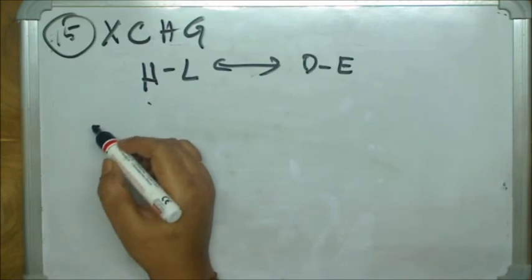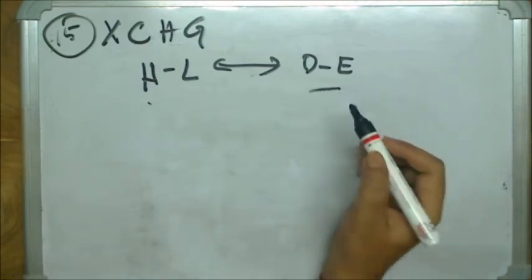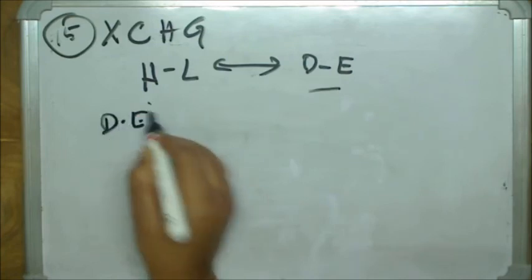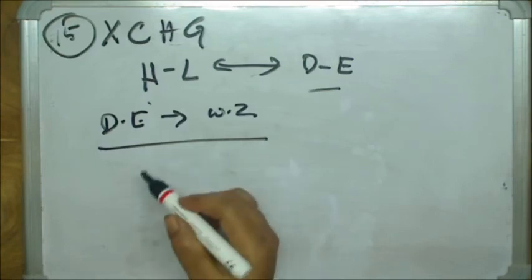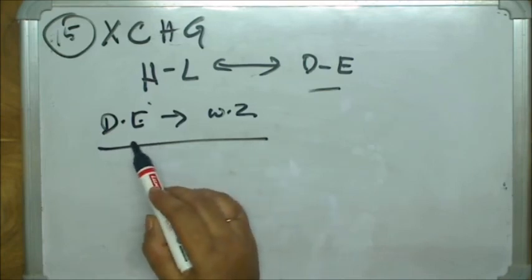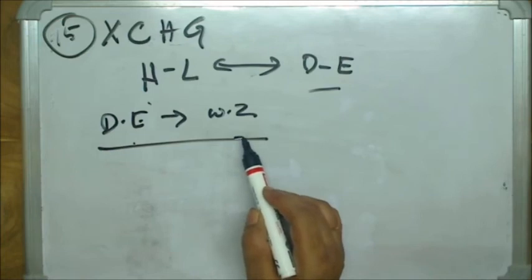Listen very carefully. First, the processor will take the value of DE pair into the temporary register WZ. I hope you remember the WZ register.